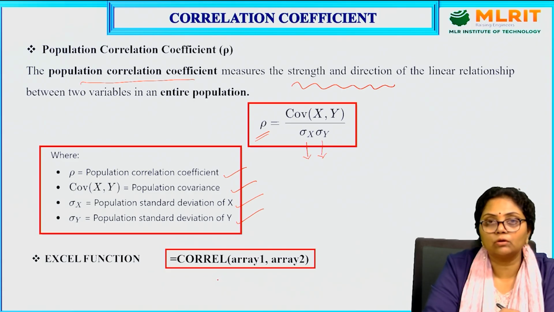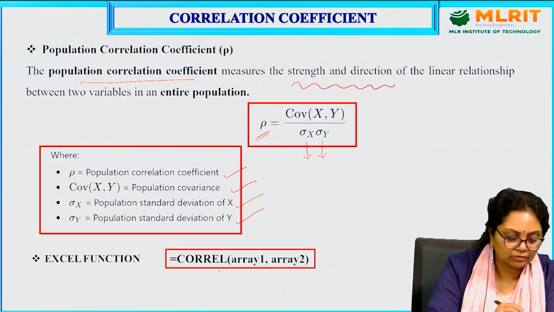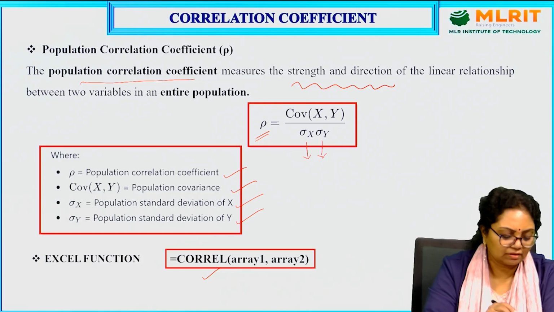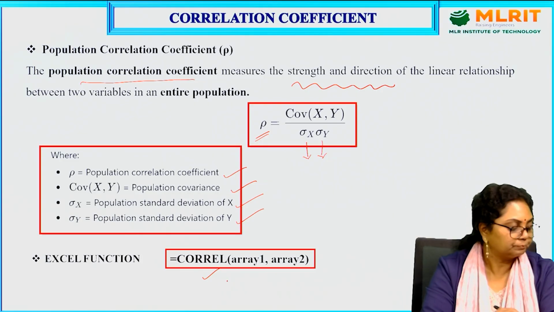Earlier for covariance we had COVARIANCE.P for population and COVARIANCE.S for sample, but unlike that, in correlation we have only one function, that is CORREL(array1, array2). So the two variable arrays we are going to give, and we are going to use the function CORREL.